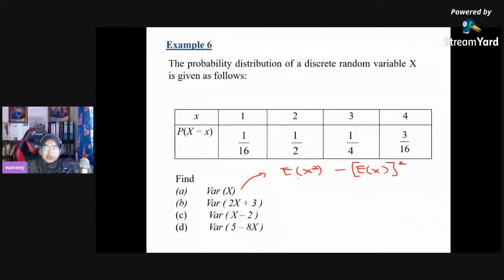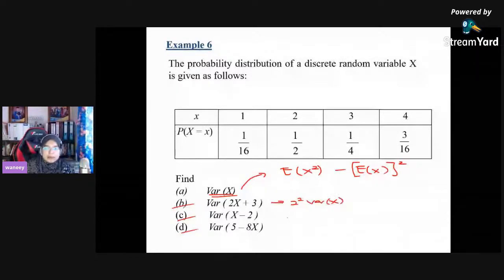Okay, so expectation of x square minus expectation of x square. You need to calculate variance of x first before you calculate the rest of them by using the properties. So calculate variance of x and then the rest you can use the properties. Variance of 2x plus 3, this is simply 2 square times variance of x.